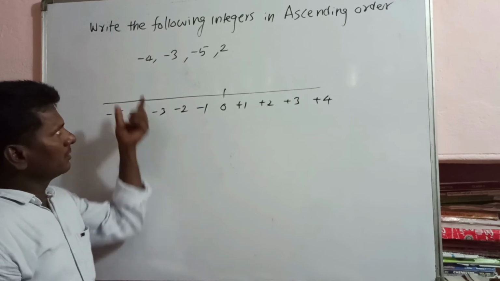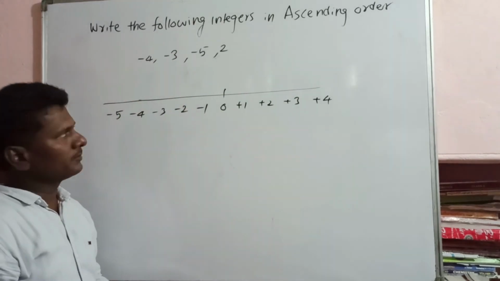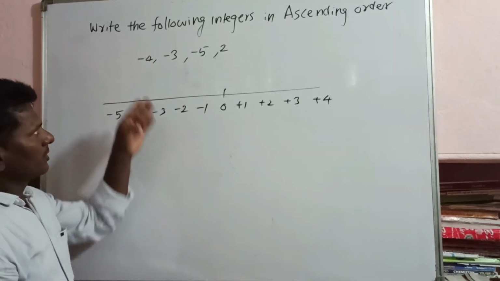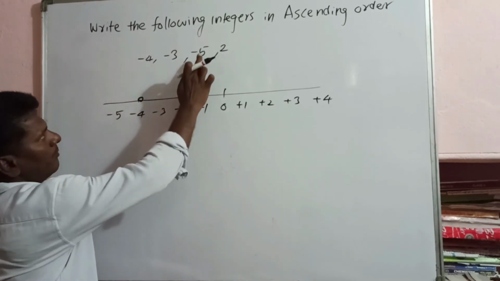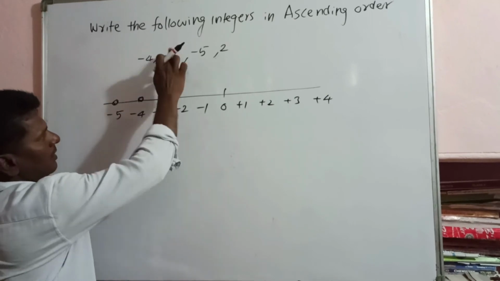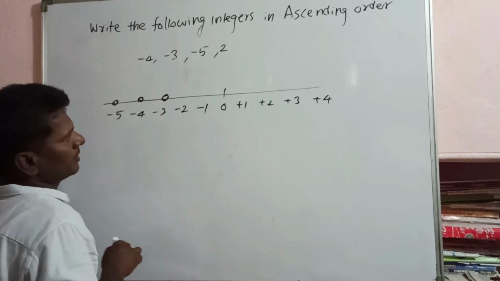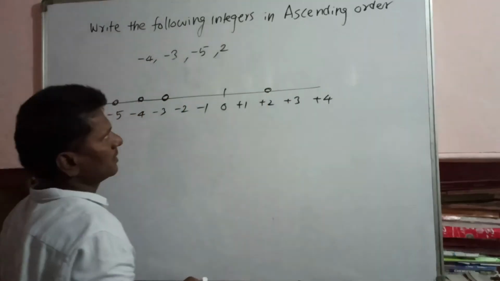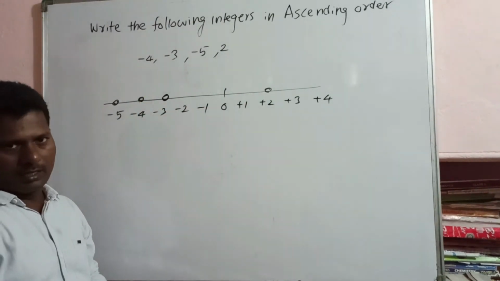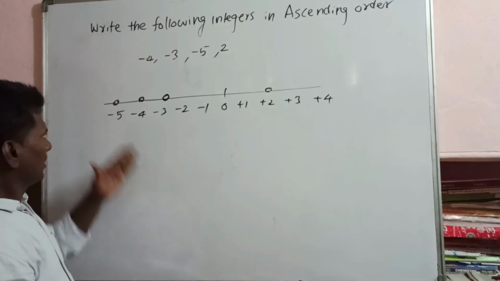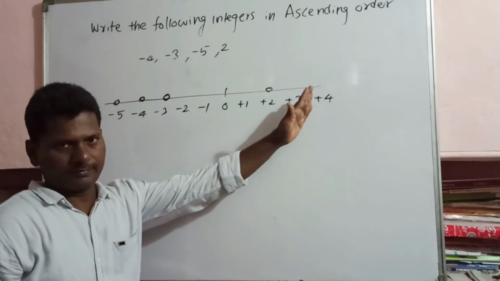So after writing these integers, first we have to locate them. Minus 4 is here, minus 5 is here, minus 3 is here, plus 2 is here. To write in ascending order, we have to write integers from left to right.